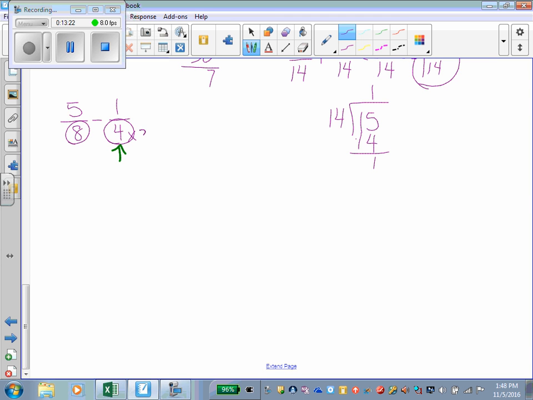So you can multiply 4 times 2, and whatever you do to the denominator, you need to do to the numerator. So this 5/8 can stay the same, and your 1/4 now becomes 2/8. And now when you subtract 5/8 minus 2/8, you get the same answer that we got before, 3/8, but now you did not have to simplify.